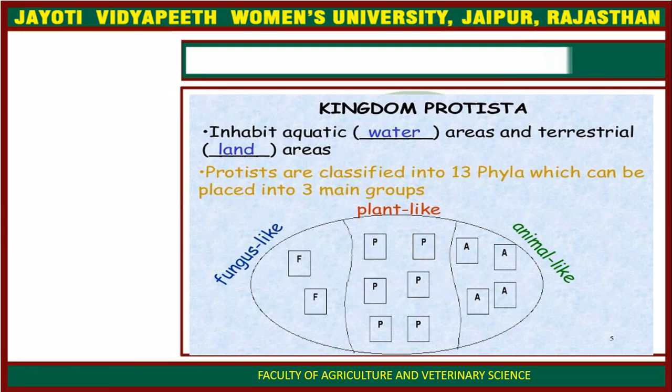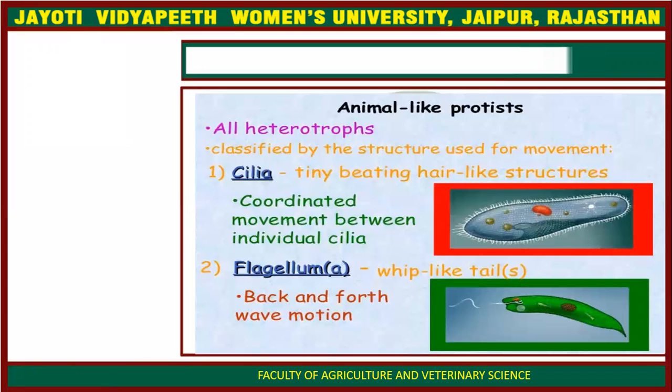So there are three main groups of kingdom Protista. We will discuss all these organisms one by one. First, we discuss the animal-like protista. Animal-like protista are the organisms which have characteristics of animals, meaning they can move. They have movement capability, so that's why we call them animal-like protista.